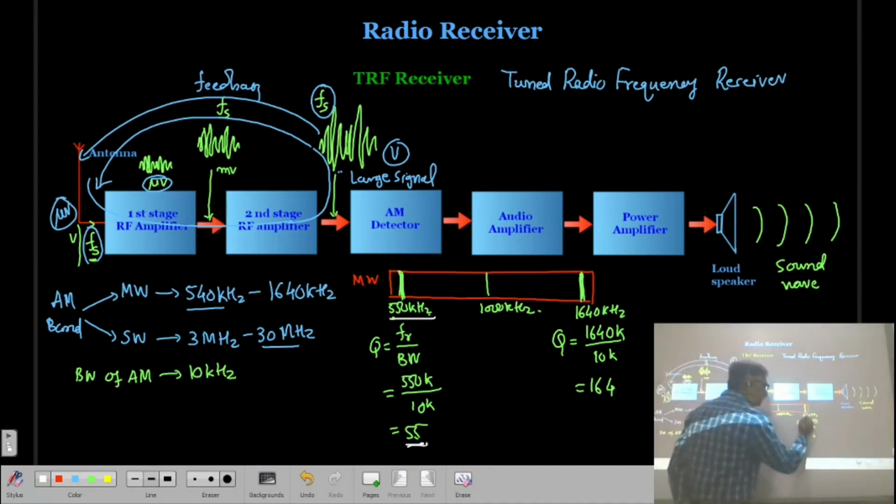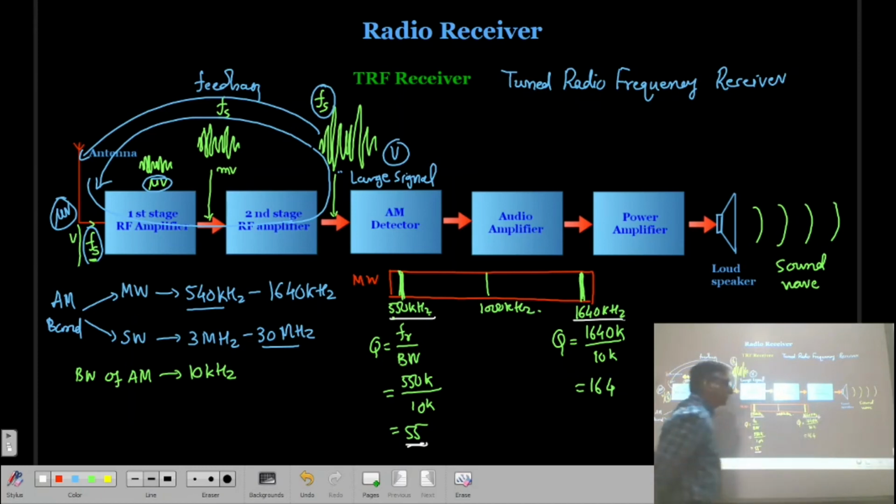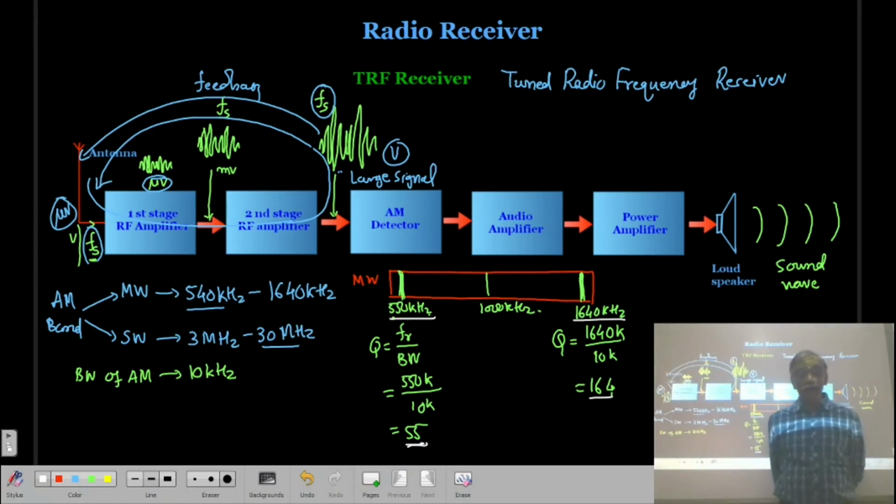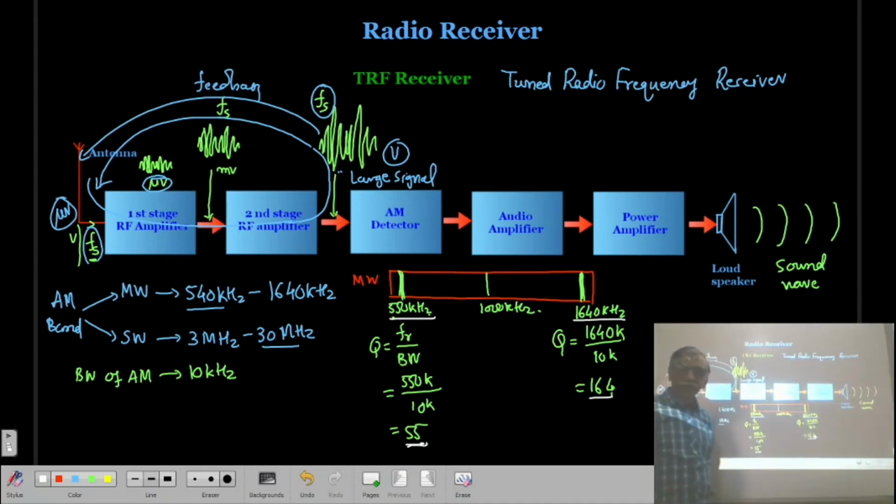When I am tuning a frequency of 1640 kilohertz, at that time the quality factor is increased to 164. But practically, this much higher value of the quality factor is not possible. The maximum quality factor can be only 100. Remember, here the 55 is a practical value, a lower one, but the 164 is a larger one.